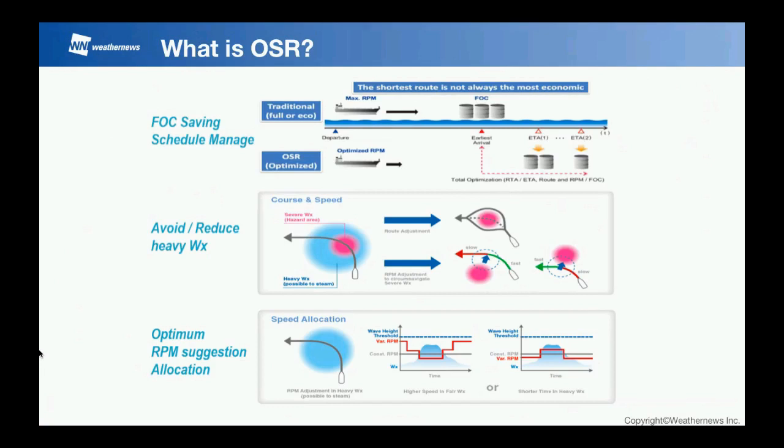Or can we maybe speed her up, try and get her ahead of the heavy weather before we put the vessel back onto the suggested speed or RPM? This is the core of our OSR service and what we build our plans around. And all of this knowledge is packaged up and sent to the captains via the NavStation.